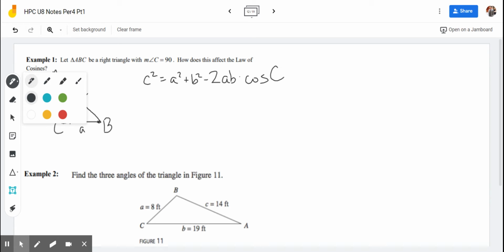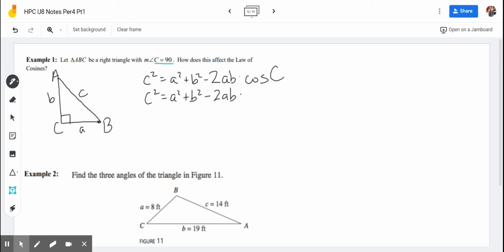But we know that C is going to be 90 degrees. So let's sub in 90 for the angle. So it's going to be c squared equals a squared plus b squared minus 2ab times cosine of 90.